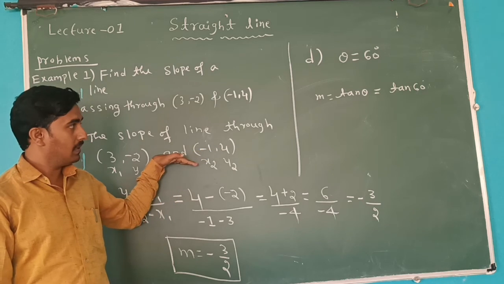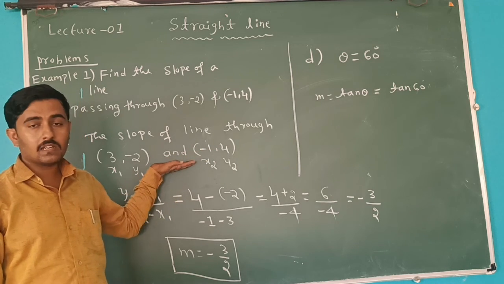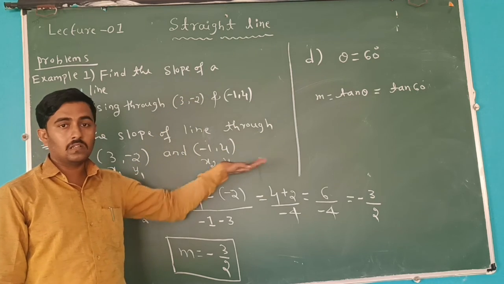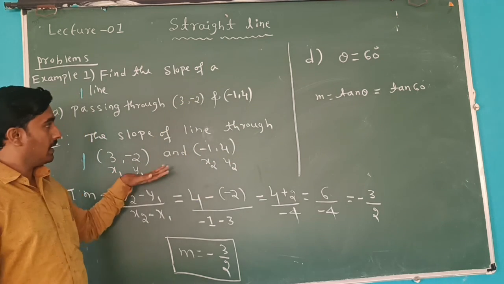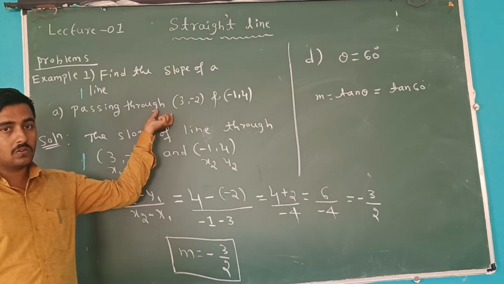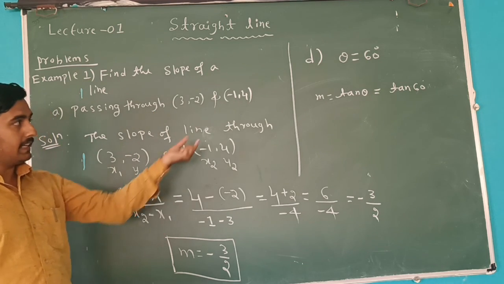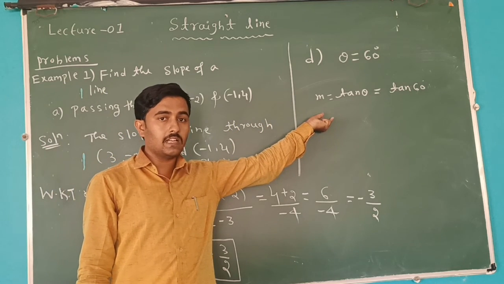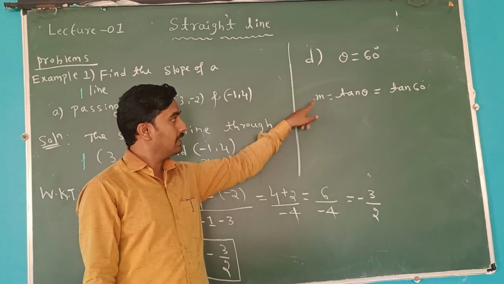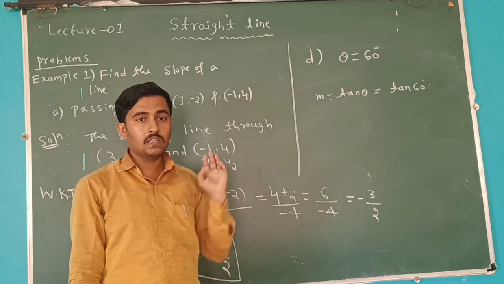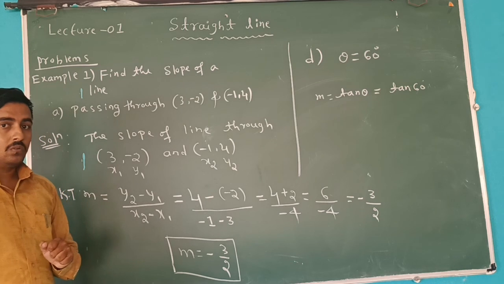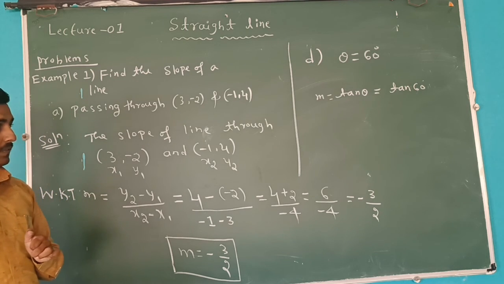So when two points are given, slope is found like this, and when theta is given, that means the angle between the line and the positive direction of the x-axis is given, then m equal to tan theta. Okay, we will continue in the next lecture number 2. Note down this one. Thank you.